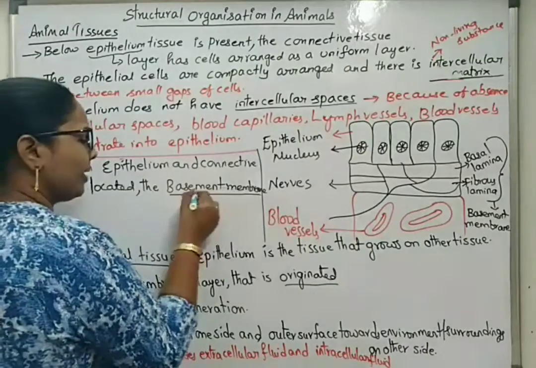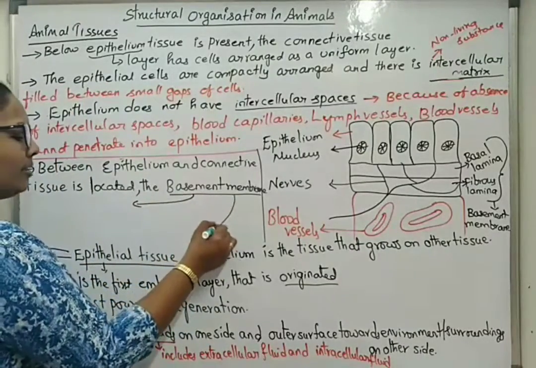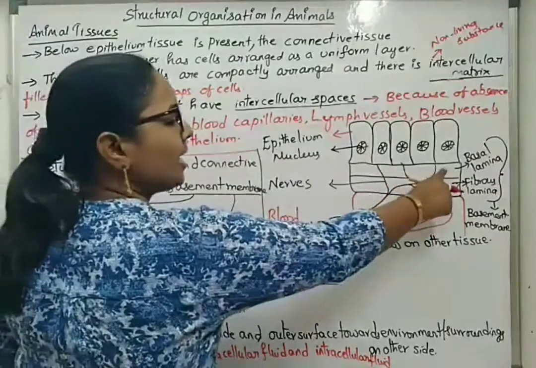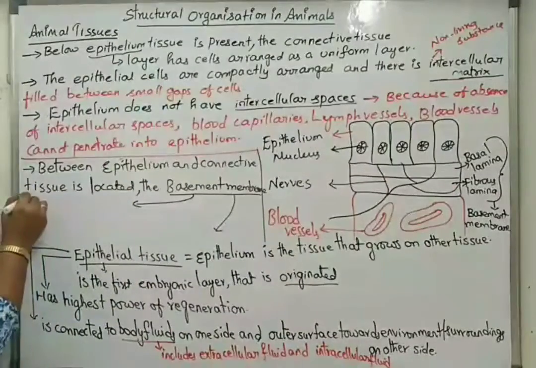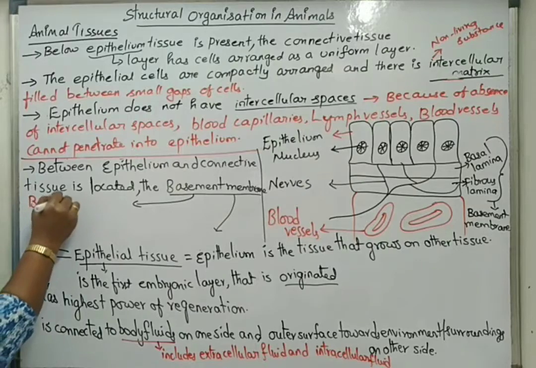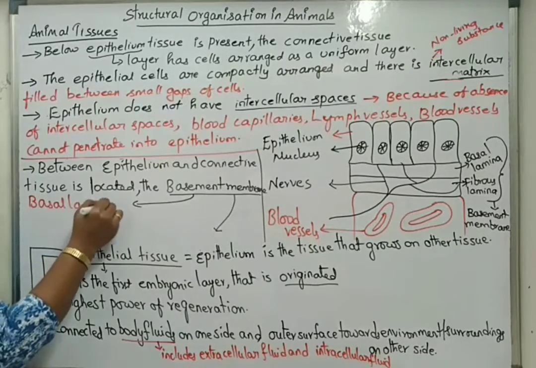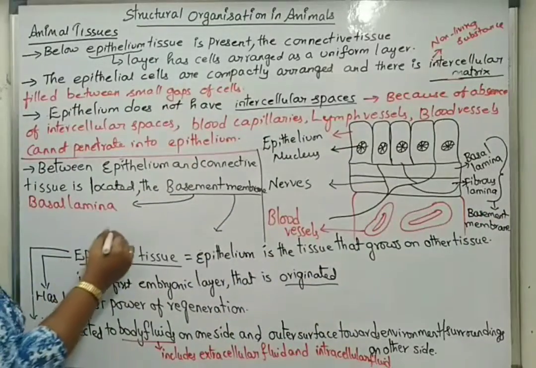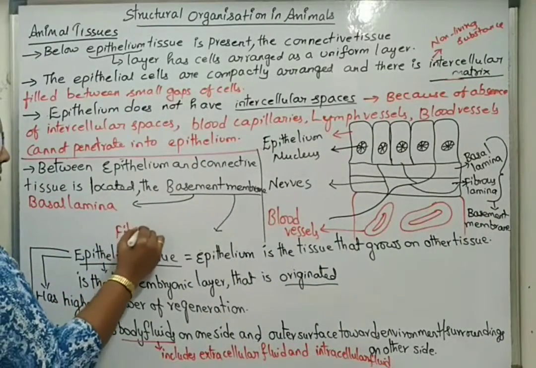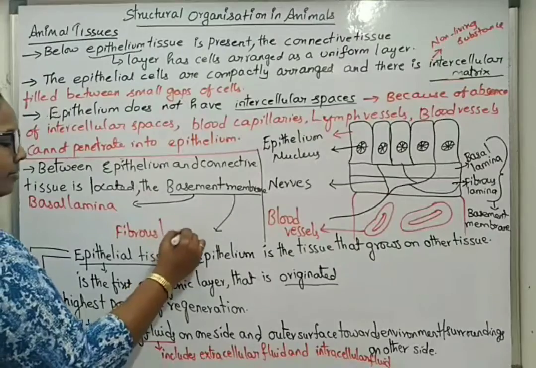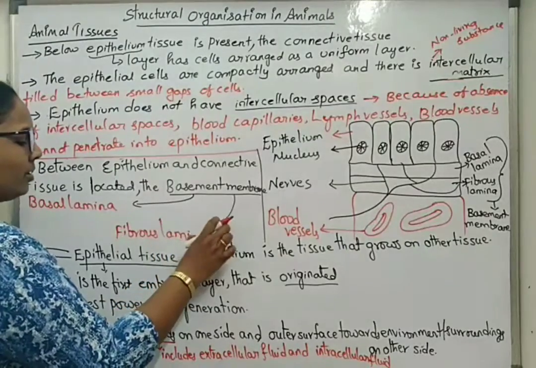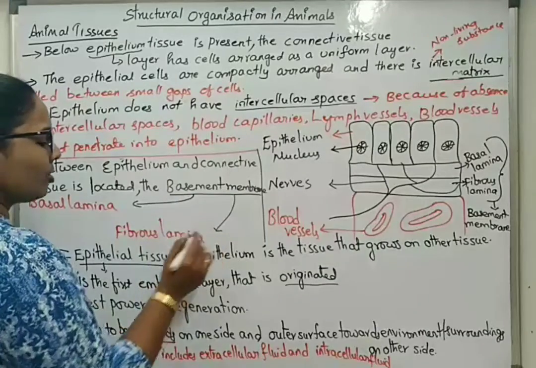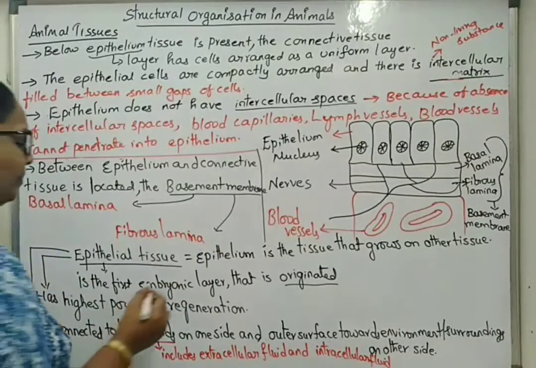This basement membrane is of two different parts. One is the basal lamina, the upper one, which is towards the epithelium. The second one is the fibrous lamina, which is towards the connective tissue. Both the basal lamina and fibrous lamina together constitute one basement membrane.